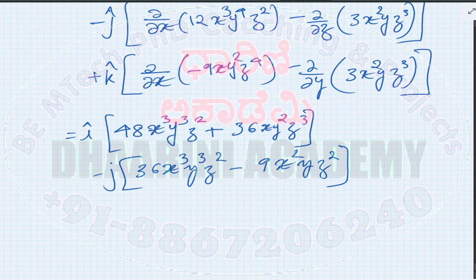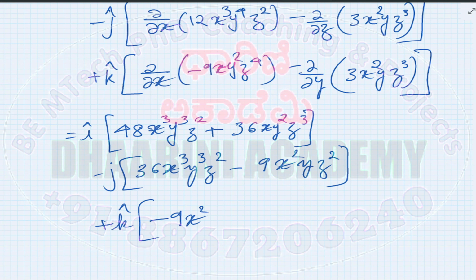And the last term is plus k cap into, differentiation happens with respect to x. So x differentiation is 1. So this is simply minus 9. Sorry, there is no x now. X is vanished because there was only one x, and when you differentiate, this becomes like this.